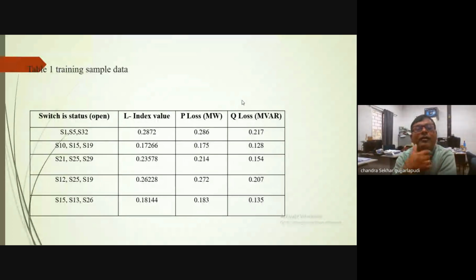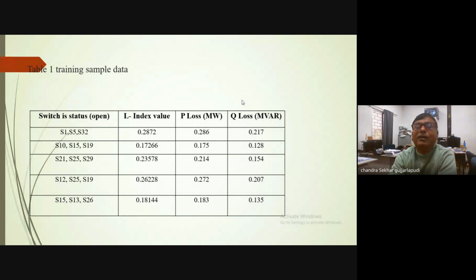Out of that, I have shared here a small sample of data which gives you, if you open switch 1, switch 5, switch 32, switch 10, switch 15, switch 19, what would be the L index and power loss as well as the Q loss.